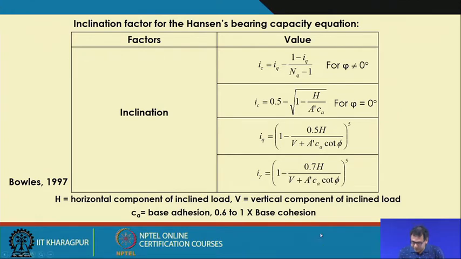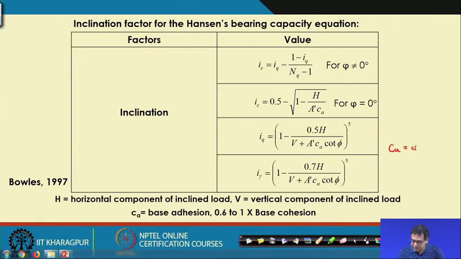As I mentioned, adhesion Ca is always alpha into C. Here the C value is given as 50 kilonewton per meter square, and the alpha value we have to choose from the range 0.6 to 1. I have taken the alpha value as 0.7 from this range. In the assignment problems, the alpha value may be given, so you have to use that alpha value.